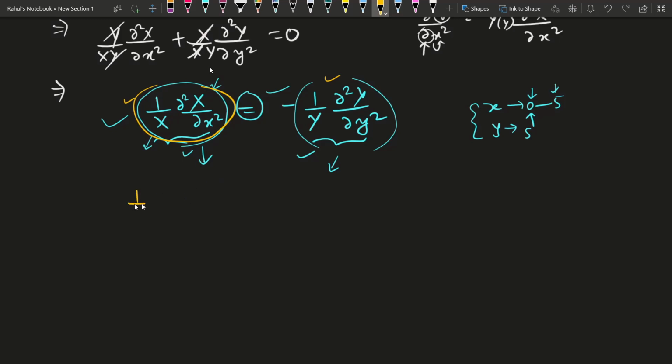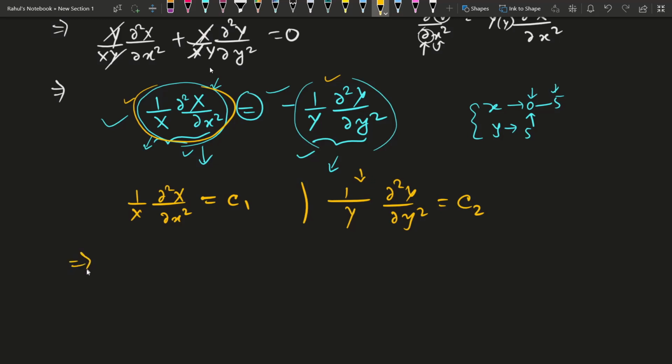So let 1 by X del 2 capital X over del x square be some constant c1, and let 1 by Y del 2 capital Y over del y square be another constant c2.